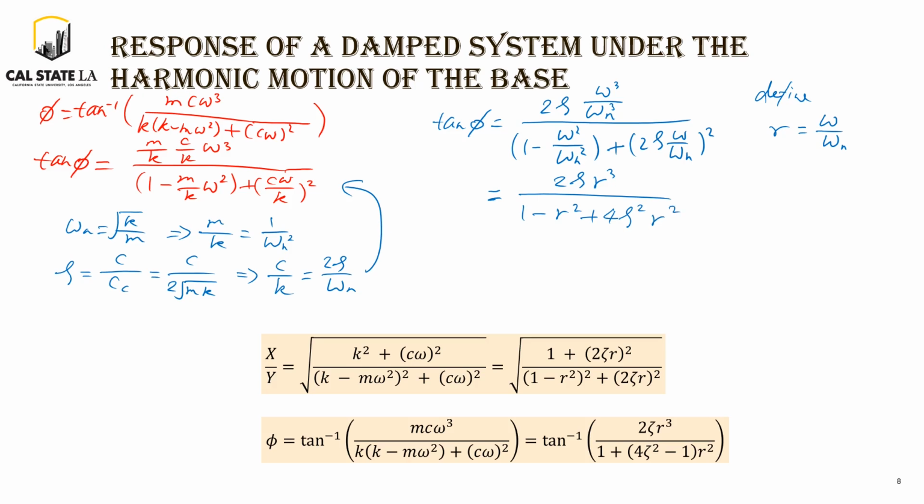You can further write it as tangent phi equal to 2 zeta R cubed over 1 plus, we combine the two R squared terms, so that is (4 zeta squared minus 1) times R squared.